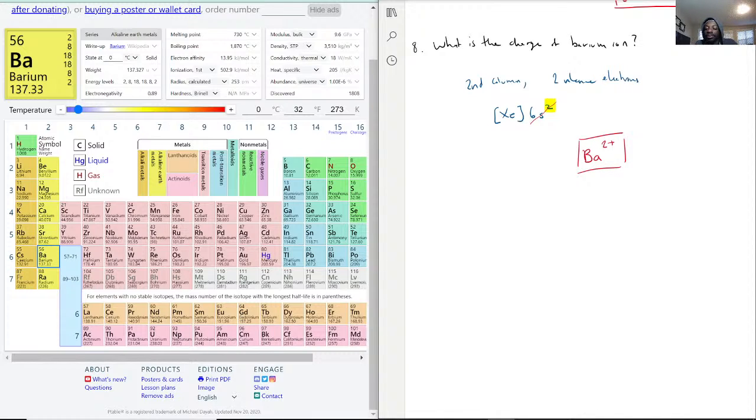So that would be the charge of a barium ion. Now, with that being said, let's see how we did in regards to this question. I was able to show 2 different ways: one just using the periodic table, the next actually showing the electron configuration.